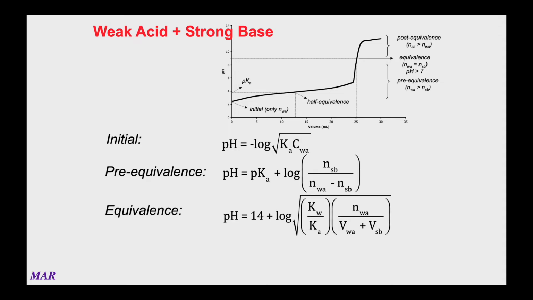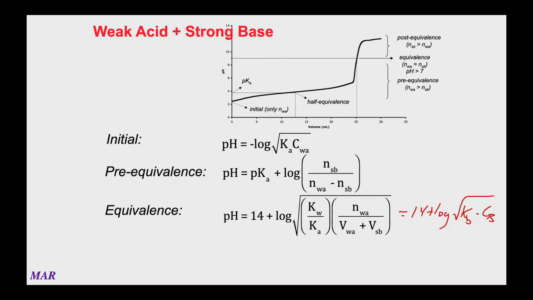At equivalence, all of your weak acid has been turned into a weak conjugate base. And if you remember the pH expression for a weak base, it was 14 plus log square root of Kb times Cb. Now, I've rewritten Kb here as Kw divided by Ka because you may or may not have actually calculated Kb, but Kw, 10 to the minus 14th, divided by Ka, that's one way to find Kb.